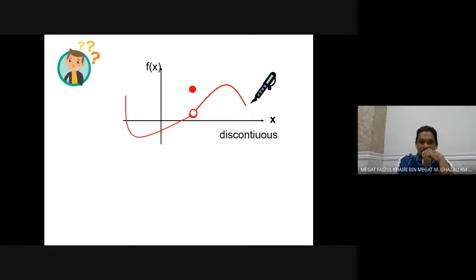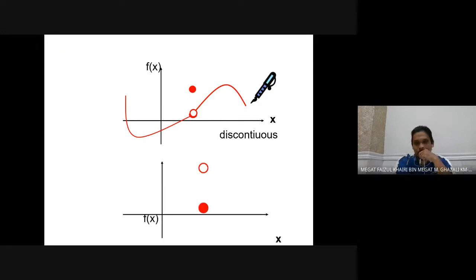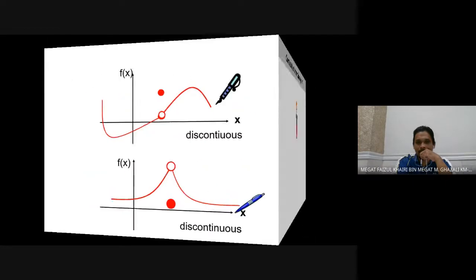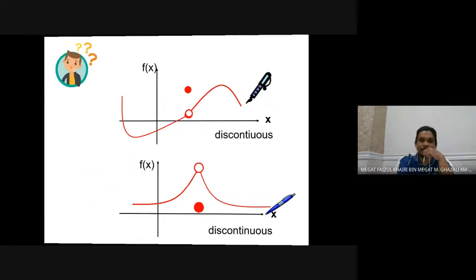So this is discontinuous. We sketch on the left side, then when x equal to a, the point jumps to the other side. There you go, something like this.